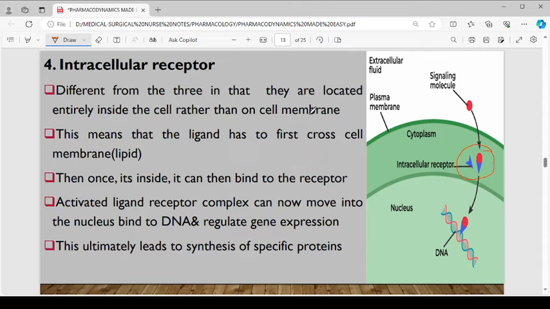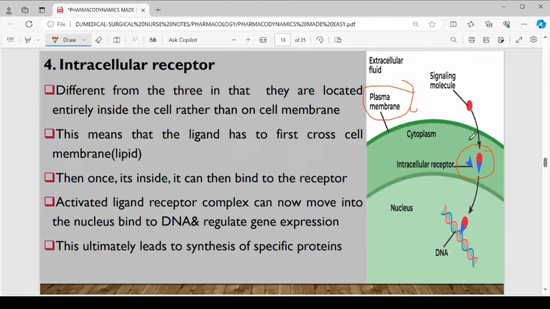So this means that for the ligand to get to the receptor, it must first of all cross the cell membrane, and this cell membrane, we all know it's lipid in nature. So then once it's inside, it can now bind to this receptor, okay?